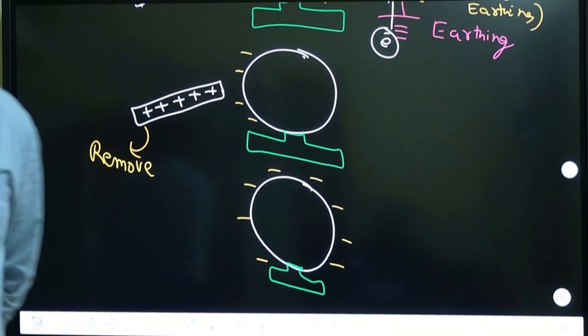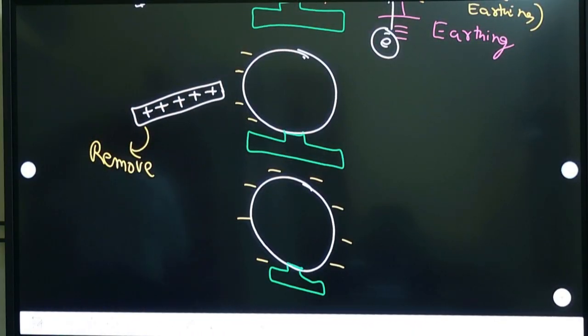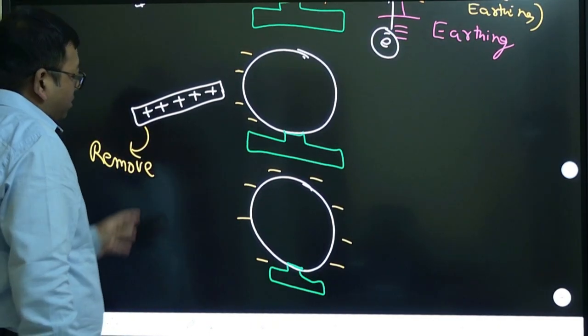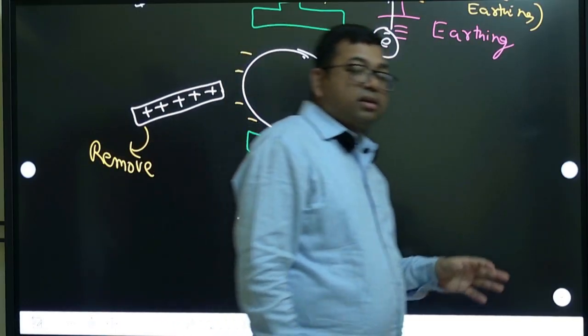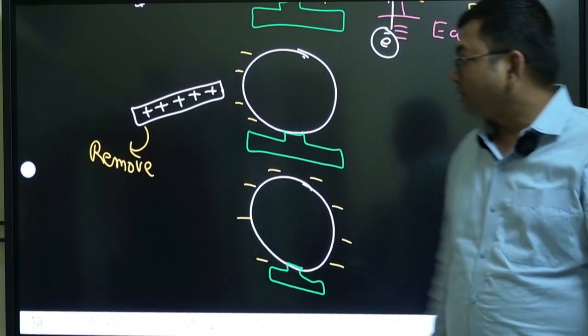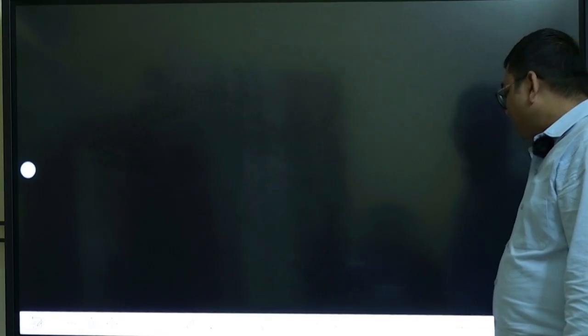So these are the three types of methods by which we can do charging: charging by friction, charging by conduction, charging by induction. Three things. Okay. Now let us summarize this and note important properties.